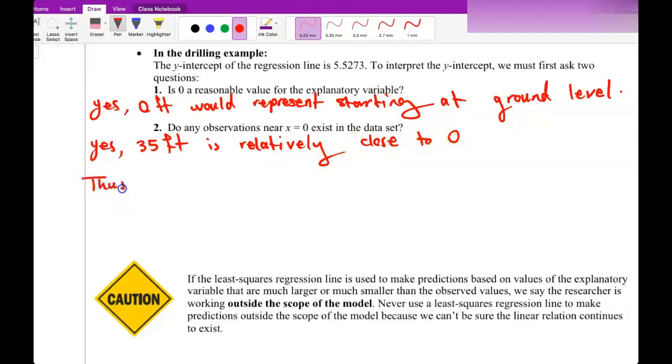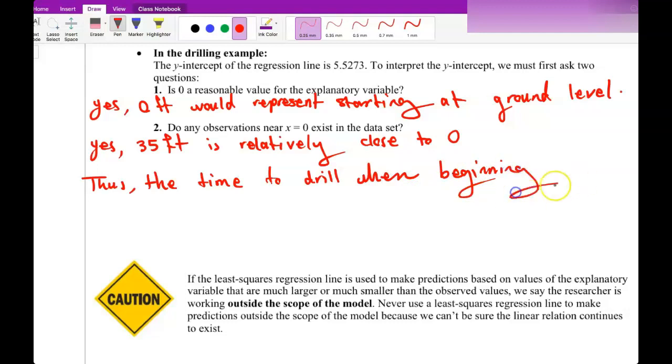Therefore, the time to drill when beginning at ground level is 5.5273.